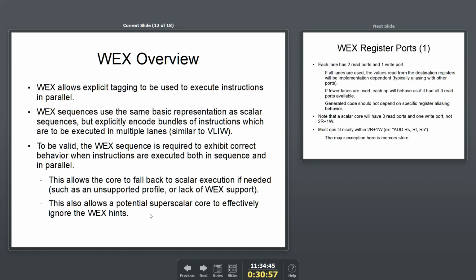This is allowed for, with the restriction, as noted, that the sequences need to be correct in both cases. So the actual expressiveness of the instruction encoding in this case is more comparable to that of an in-order superscalar, albeit just with explicit hinting in the instruction encodings.